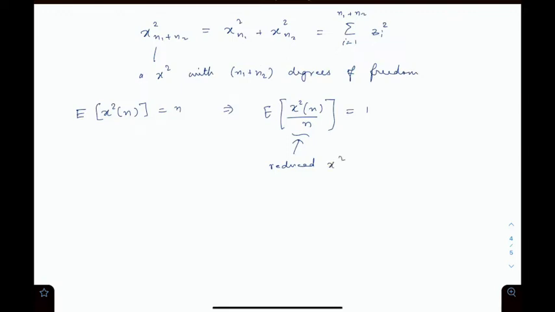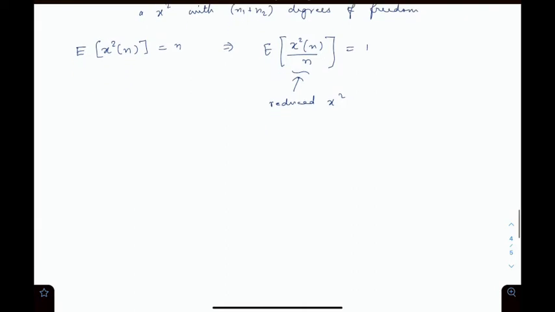If we talk about the asymptotic limits, for large n, the chi square PDF approaches the normal distribution with mean n and variance 2n.